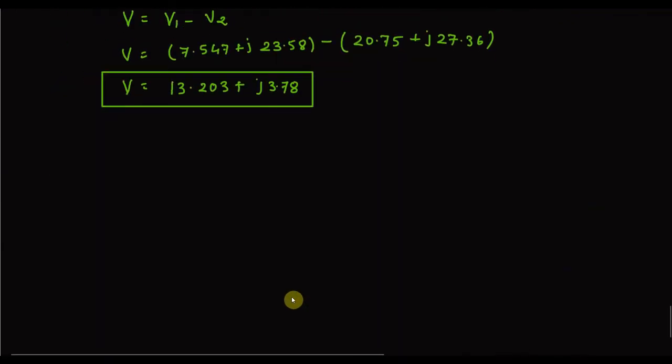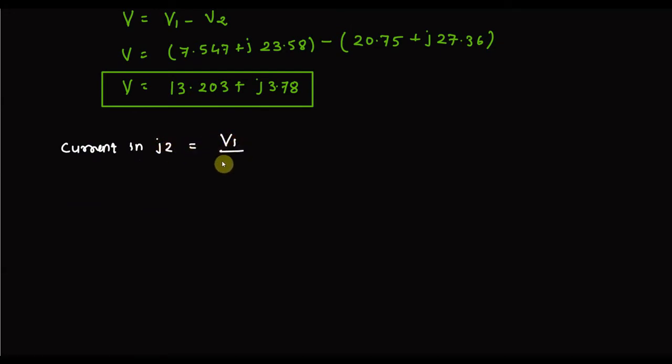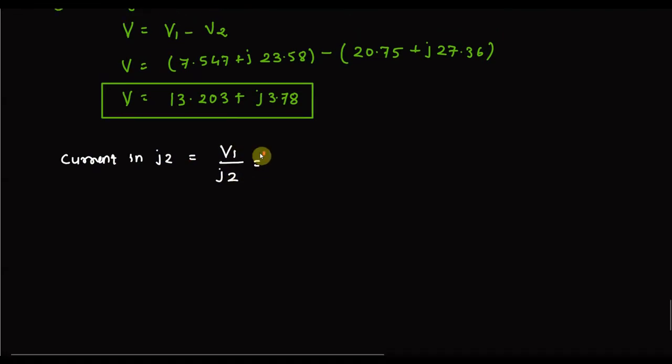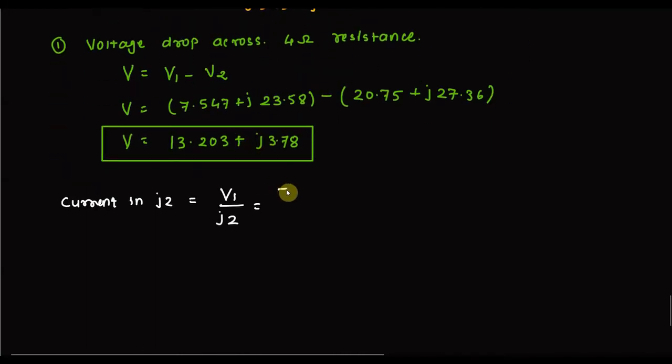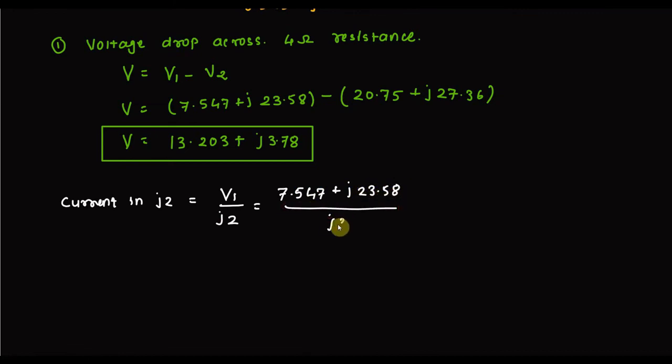So the rest of the things are now very simple. The first is the current in j2, which is simply V1 upon j2. V1 you have calculated: V1 comes out to be 7.547 plus j 23.58 divided by j2.